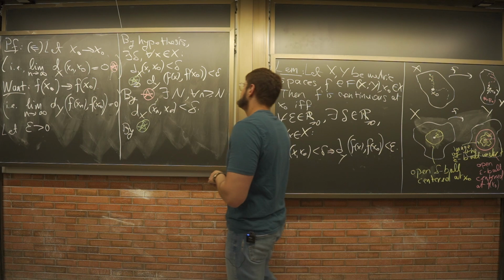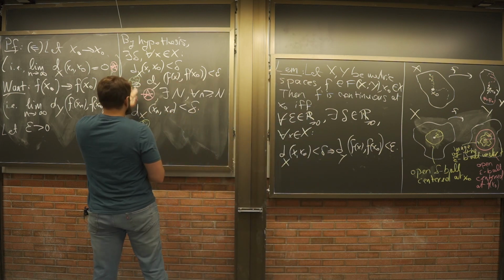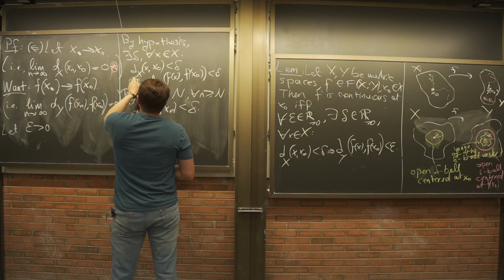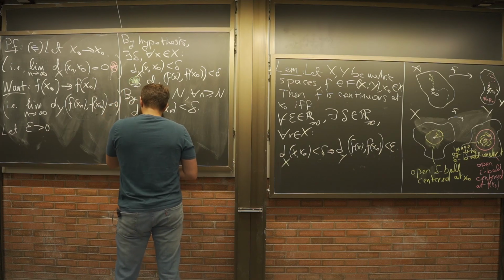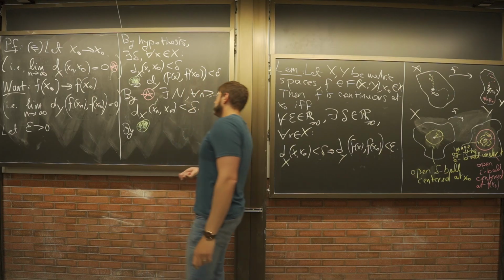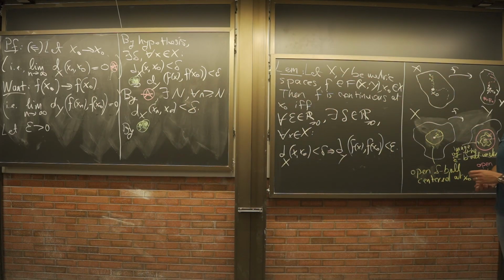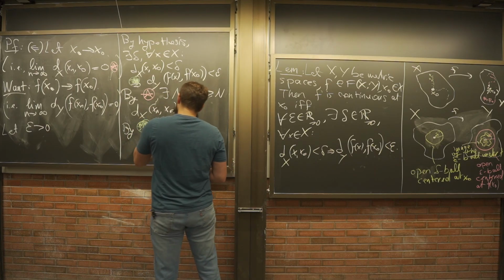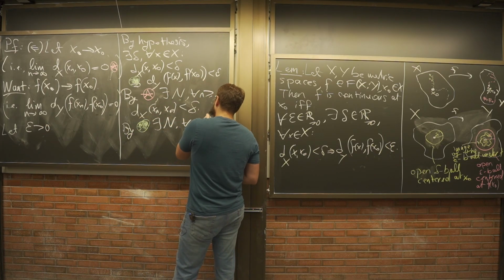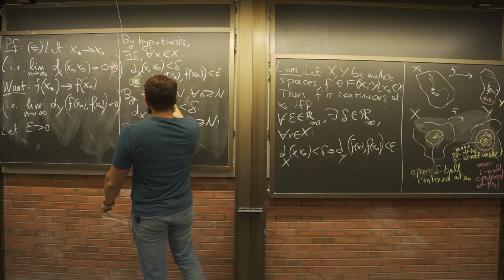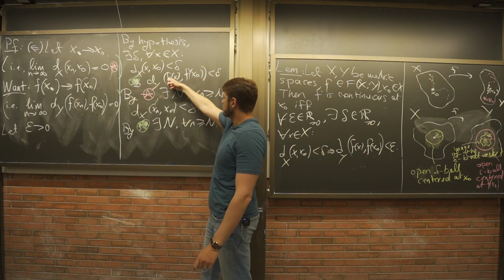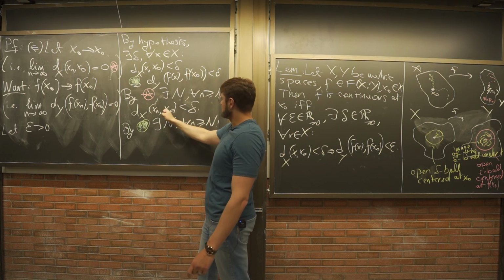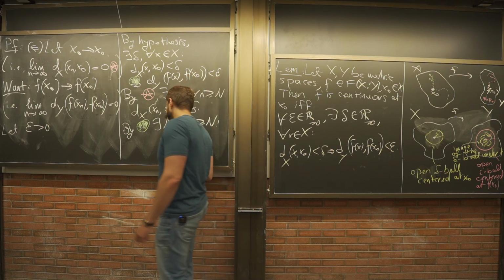By the green star, or maybe you should use a different color in case of color blindness, something like this. By this other symbol, box, there's an n such that after that, dy of f of x sub n, so I need to be applying f to this, comma f of x0, is within epsilon.